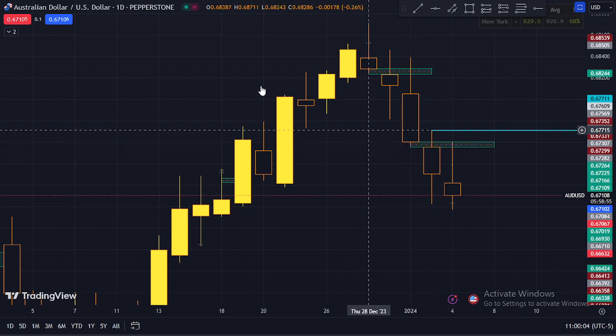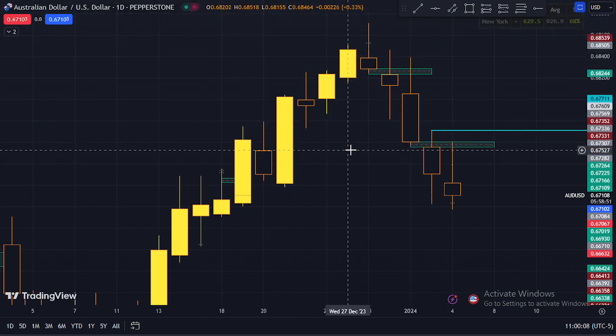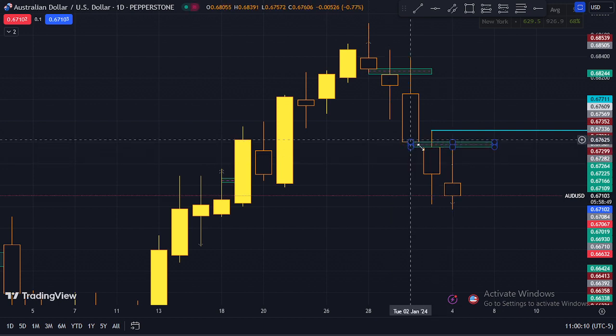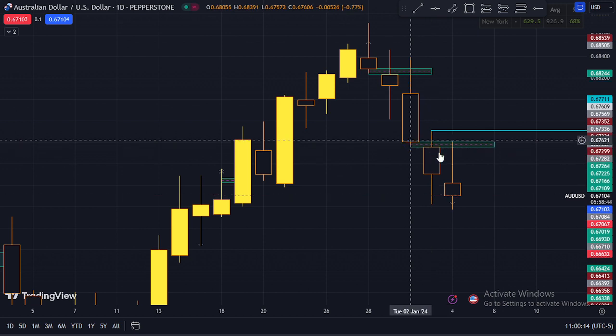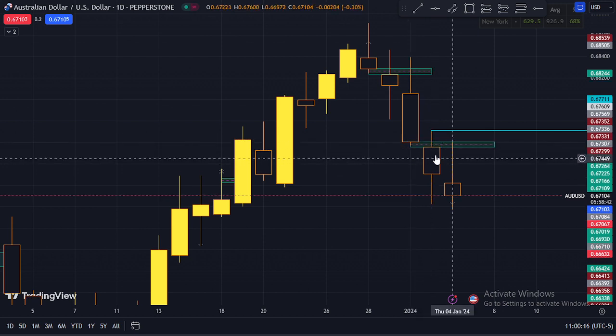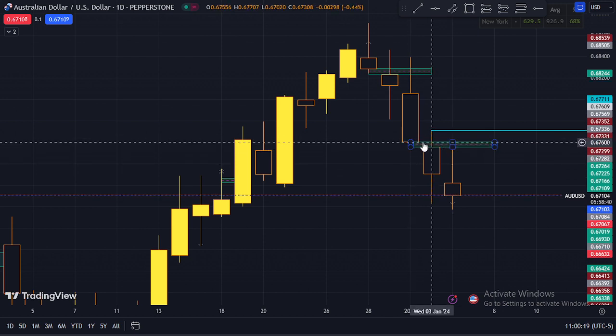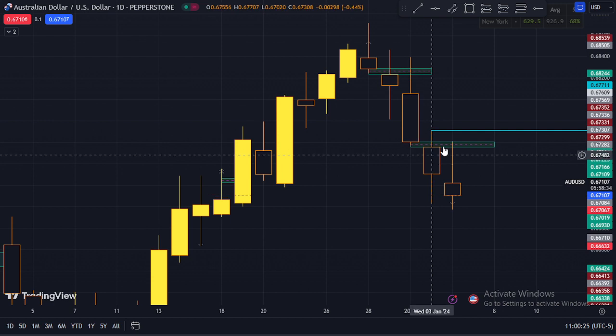This is a daily chart for AUD/USD, and as you can see, we had this inefficiency. By classification, that's a liquidity, a volume imbalance. So this was yesterday's candle.